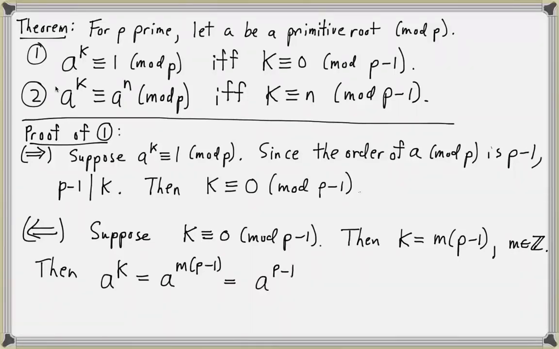And we know a to the p minus 1, or a to the p minus 1 to the m power, will be just congruent to 1 because a to the p minus 1 is congruent to 1 mod p. So that finishes the proof of 1. So I need the proof of 1 to prove the proof of 2.